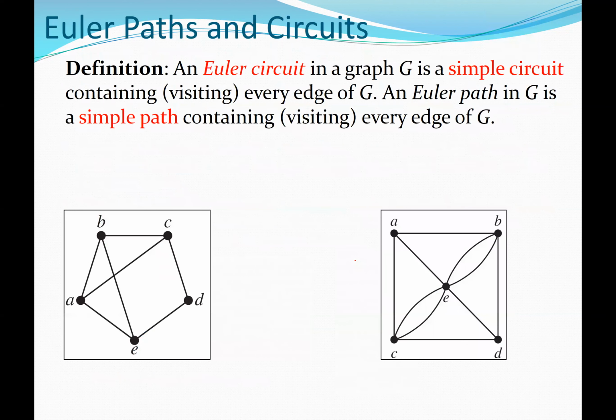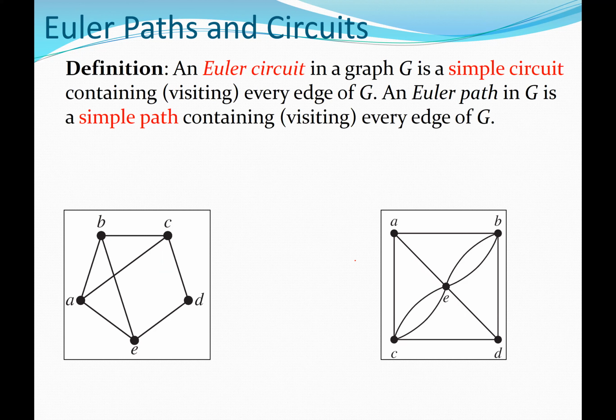So here are the definitions. An Euler circuit in a graph is a simple circuit, remember, a simple circuit, that contains or visits every edge of G. Every edge of G, not the vertices, but the edges, because they are trying to cross the bridges.